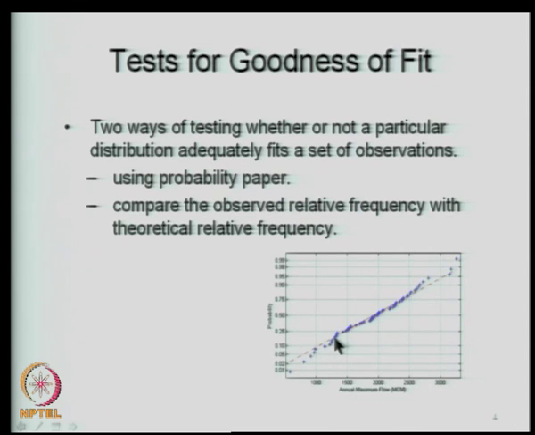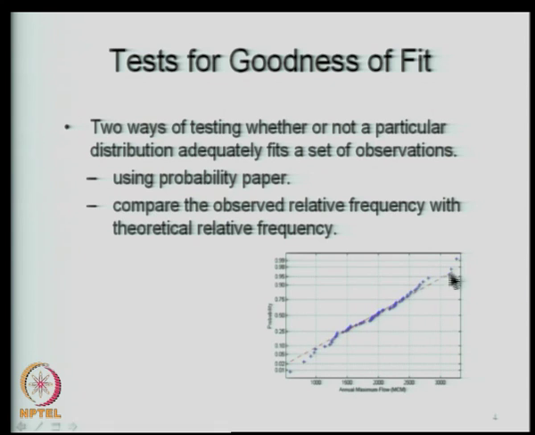This is the same example that I considered in the last lecture. You plot the data using the probability positions, as you obtain from Weibull's formula. And then if you can approximate this as a straight line, that is, it plots nearly as a straight line, then you can say that it follows normal probability distribution.